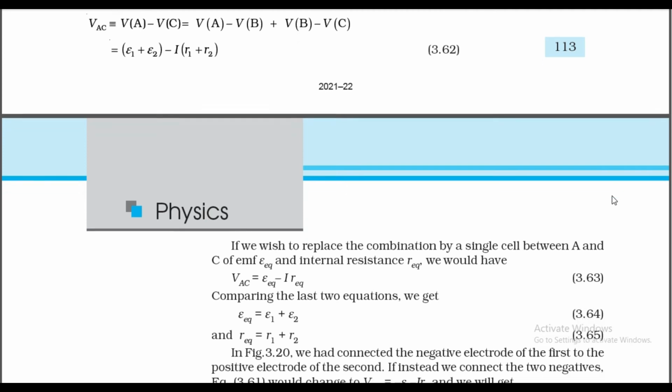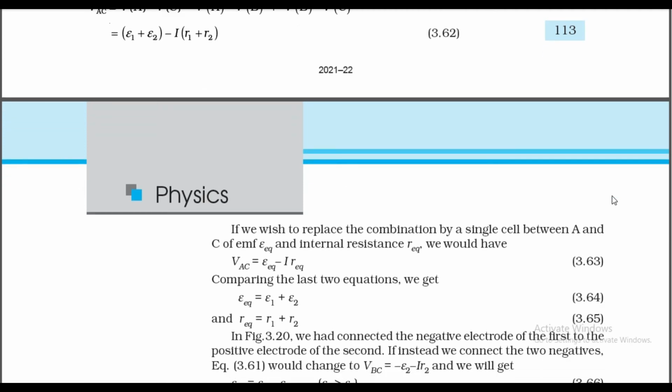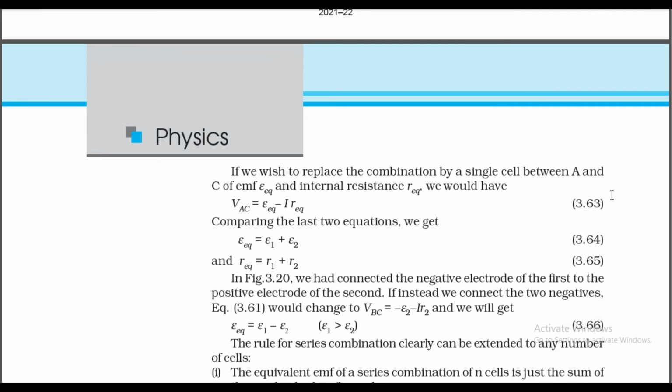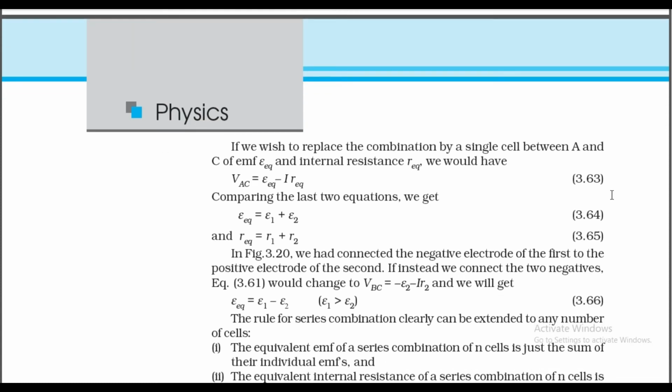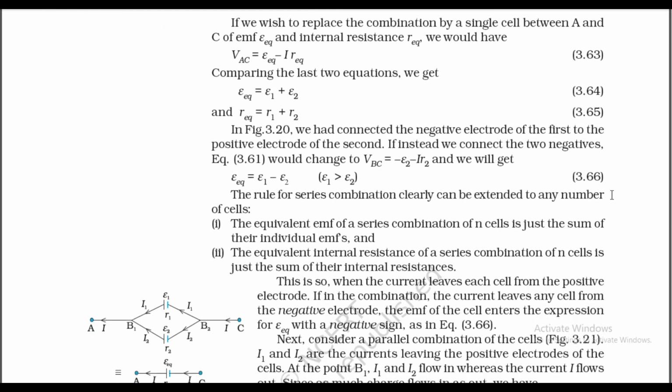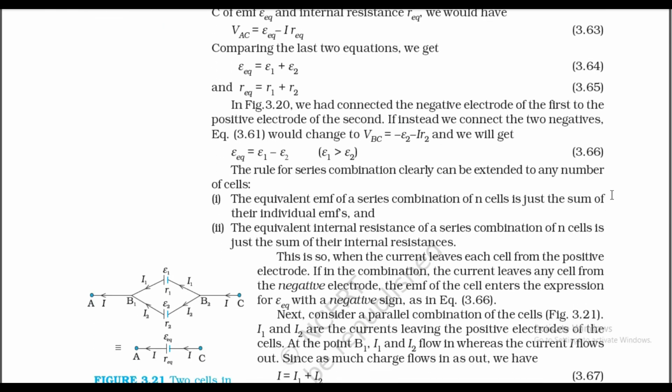If we wish to replace the combination by a single cell between A and C of EMF epsilon eq and internal resistance r eq, we would have VAC is equal to epsilon eq minus I r eq. Comparing the last two equations, we get epsilon eq is equal to epsilon 1 plus epsilon 2 and r eq is equal to r1 plus r2.